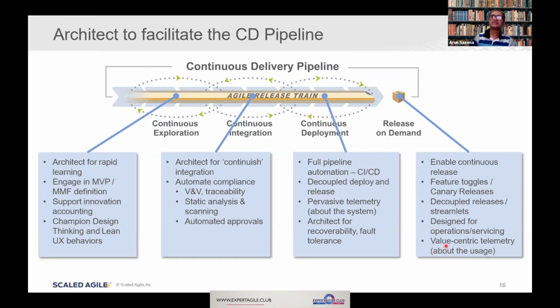Also enabling value-centric telemetry is very important. Traditionally, getting any kind of telemetry from this kind of system was very difficult because it was not connected.